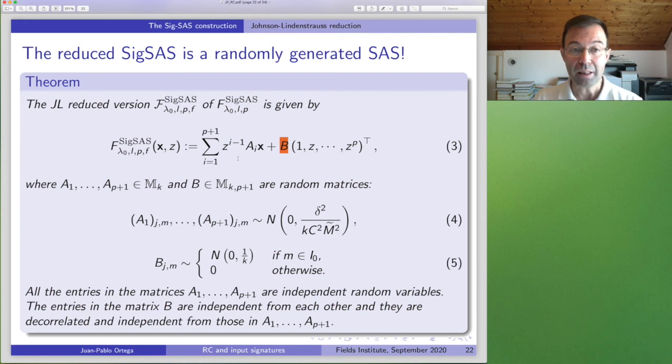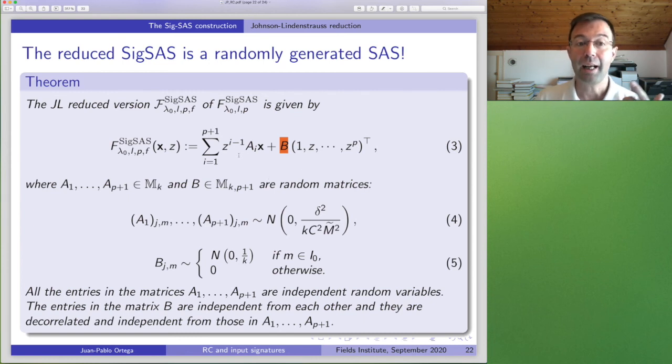So what this is telling you is that if you want to carry out this construction, you don't need to go all the way from the beginning, formulating the 6-SAS state equation, computing it, and randomly projecting it. No, you can start directly downstairs in the reduced space just by generating these random matrices.